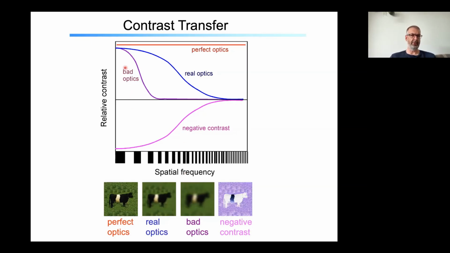And then the good old days of a few years back when we didn't have direct electron detectors, we were probably more in this bad optics area where you just get pretty horrible images of your object. Then obviously, this is positive contrast, but you can also get negative contrast, in which your contrast is inverted in your object of interest.